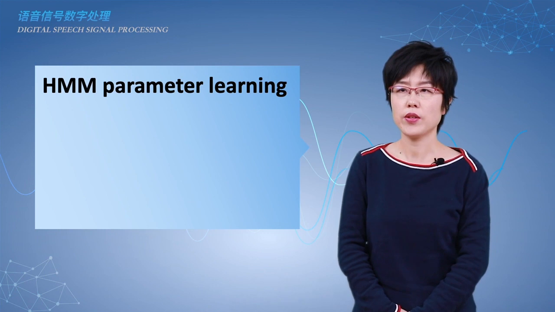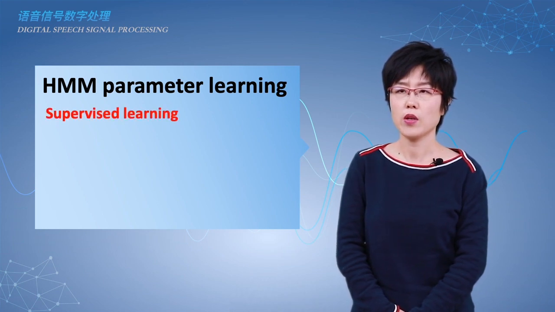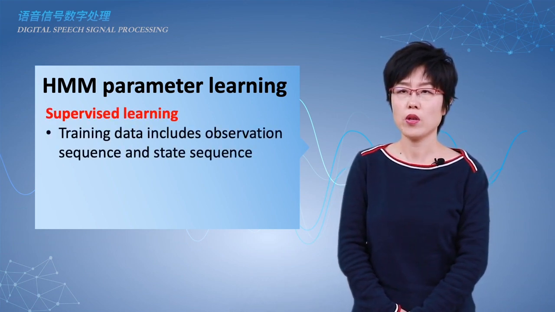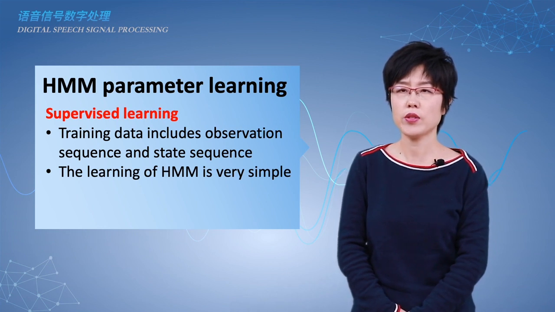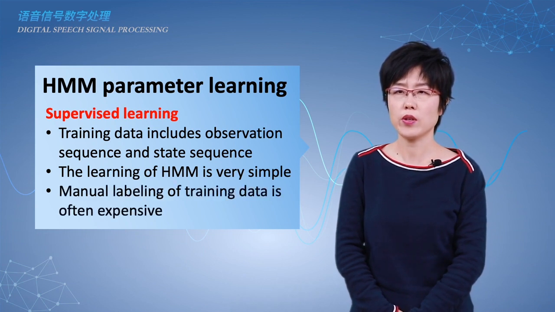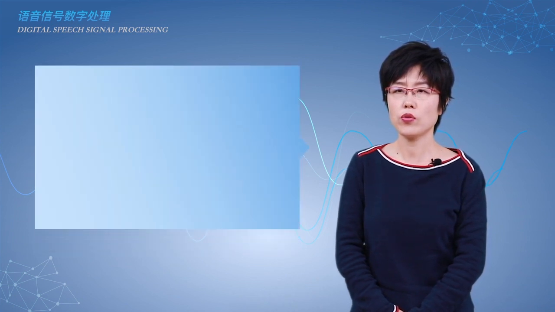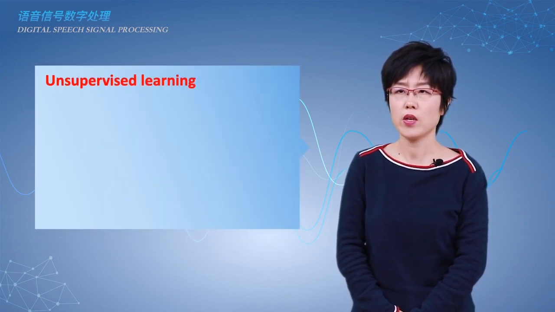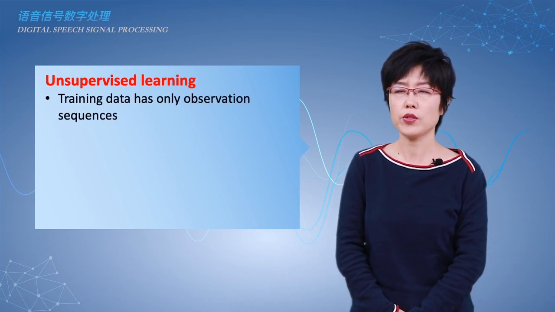HMM parameter learning can be supervised or unsupervised. In supervised learning, training data includes observation sequence and state sequence. The learning of HMM is very simple. Considering manual labeling of training data is often expensive, we could use unsupervised learning, in which training data has only observation sequences.